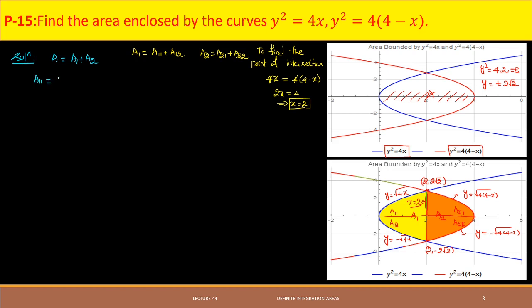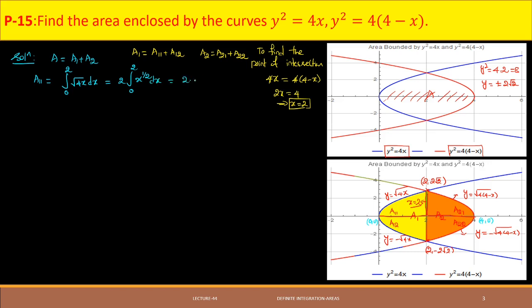So what is A11? A11 is equal to the integral, this point is 0 comma 0 and this point is 4 comma 0, from 0 to 2 of root 4x dx. Under root 4 is 2, so 2 into the integral 0 to 2 of root x, that is x to the power 1 by 2 dx.